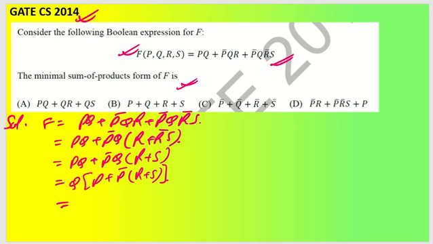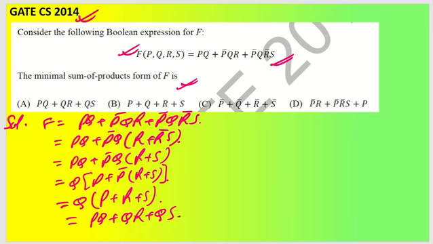Now you can see P plus P bar into R plus S becomes P plus R plus S. So I can write it down as Q times P plus R plus S, and this is very easily PQ plus QR plus QS. I can multiply Q inside, so this is the term that is matching, which is option number A.